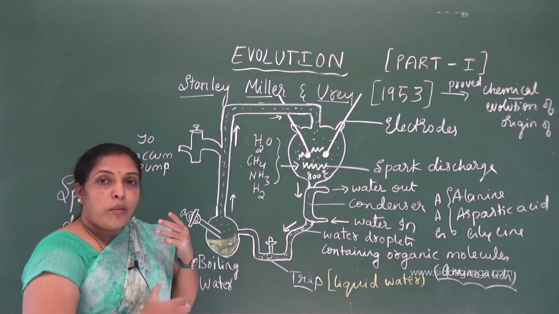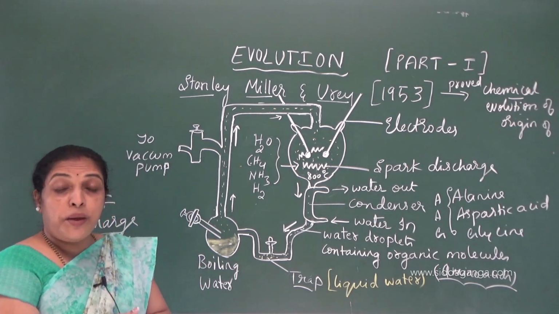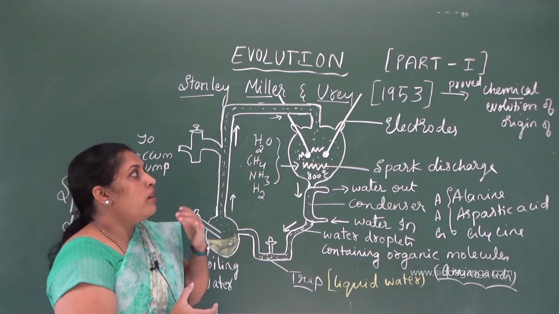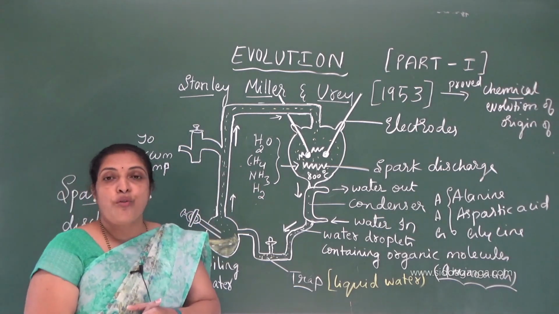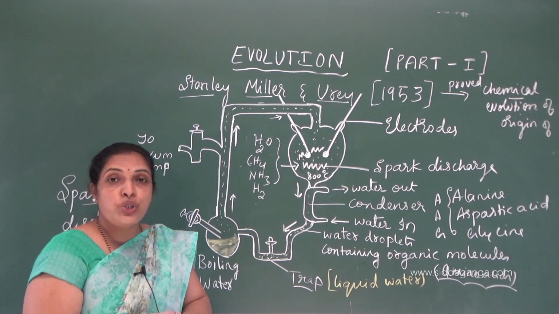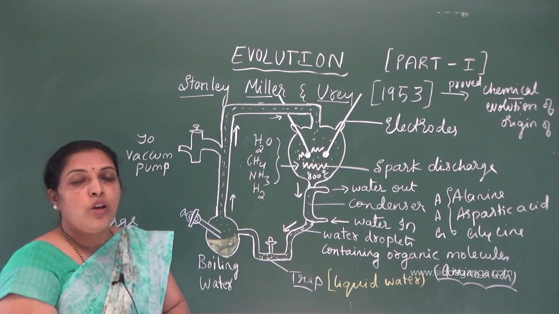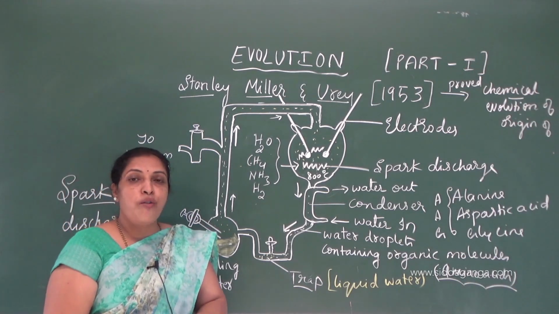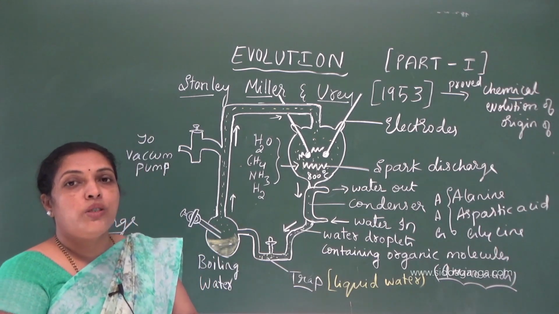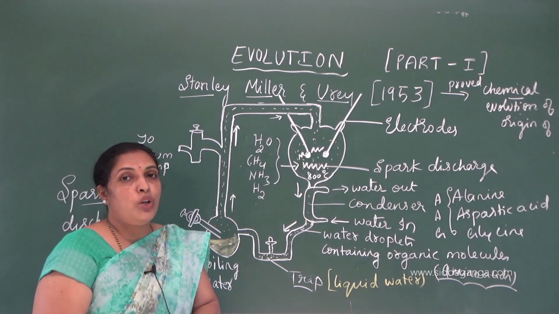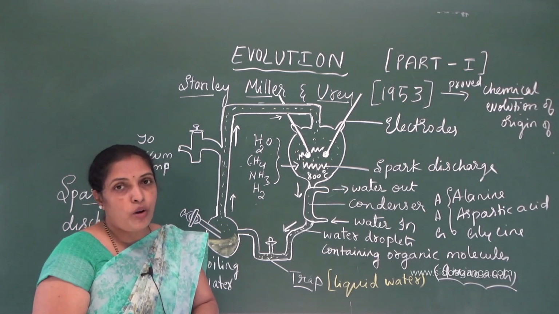By doing the experiment repeatedly, the chemical evolution of origin of life became the most accepted theory, which tells us the origin of life on this earth was from non-living molecules, that is organic molecules.